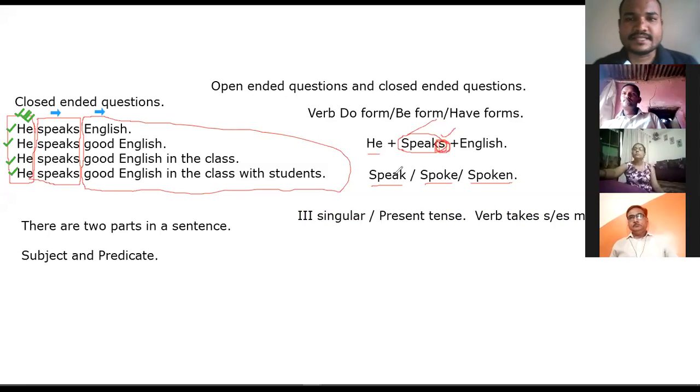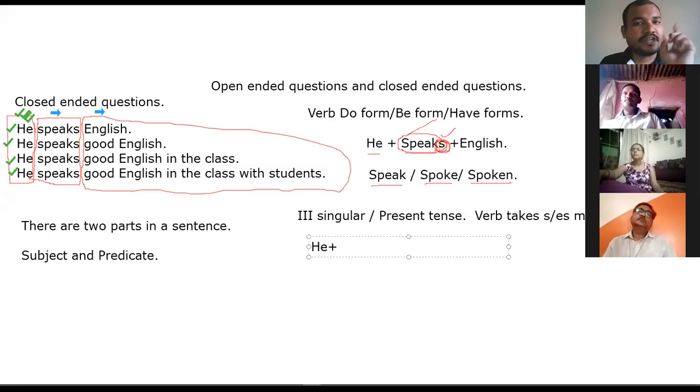Okay. So now we need to understand he speaks means here the do form is already there. Right? So now how can you change this? So we need to change it. All right, I'll write here. So he plus. So whenever you are talking about a verb in this sense, the do form is already there.